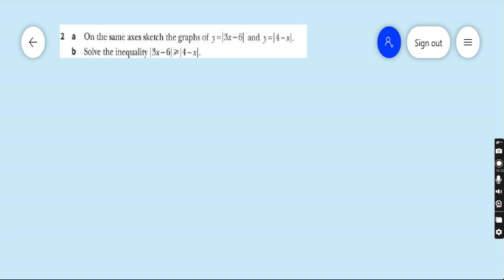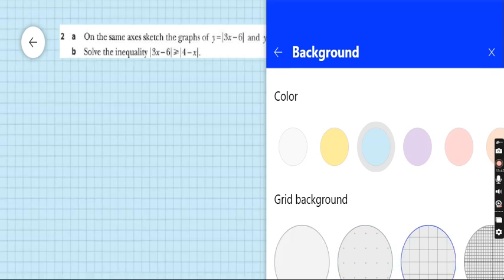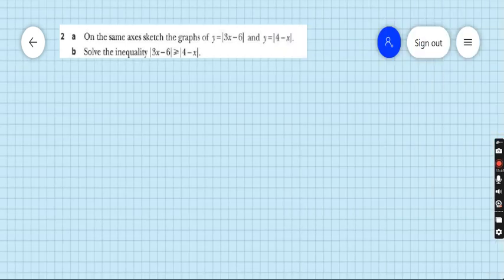Question number 2: on the same axis, sketch the graphs of y equals 3x minus 6 and y equals 4 minus x. So we have done a lot of questions in chapter number 1, exercise 1.5: how to draw the graph of inequalities, how to draw the graph of absolute valued functions.